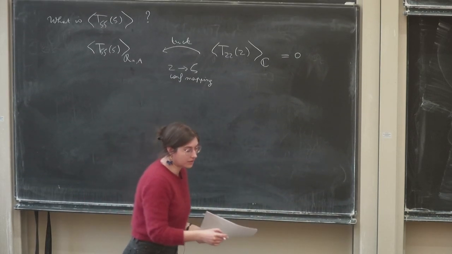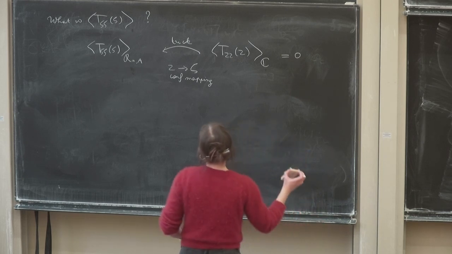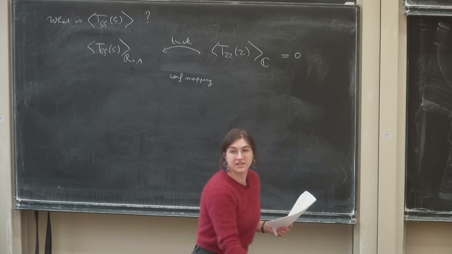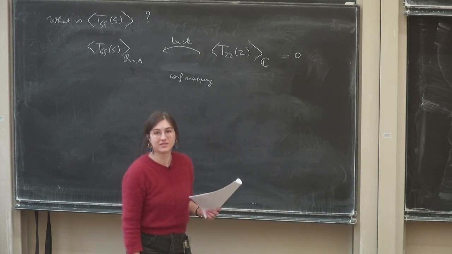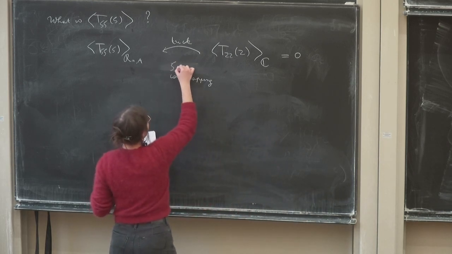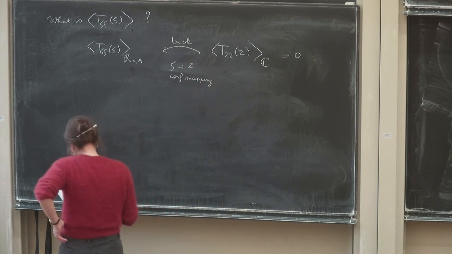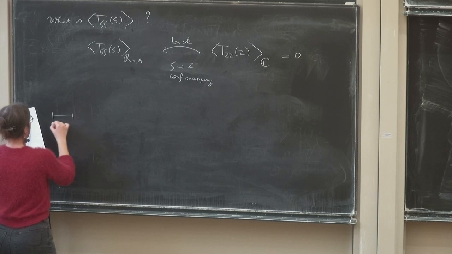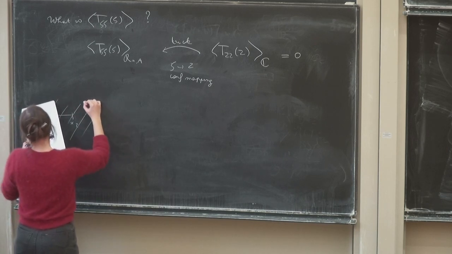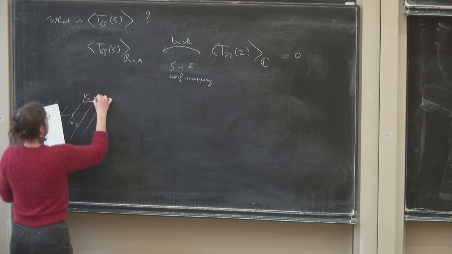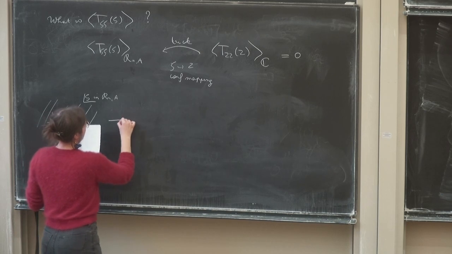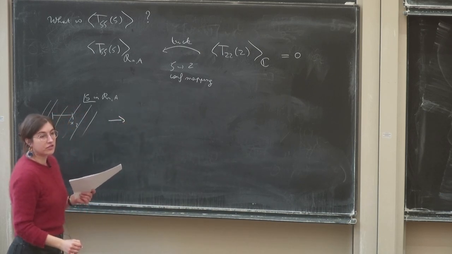Actually, the mapping I want is zeta to z, so let's start from zeta. I'll do the conformal transformation in two steps.